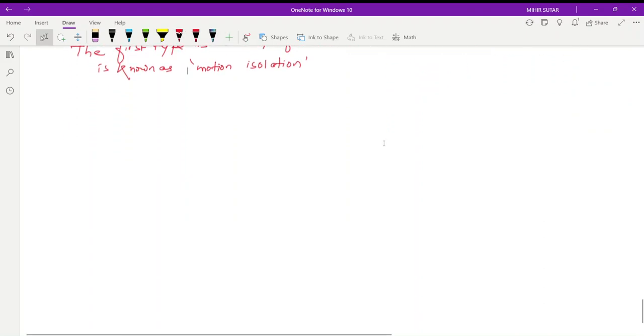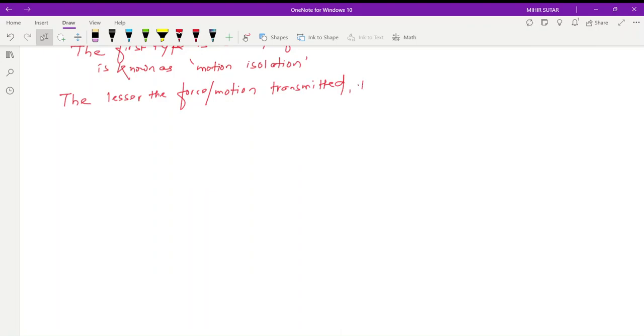So you can say the lesser the force or motion transmitted, the greater is said to be the isolation.